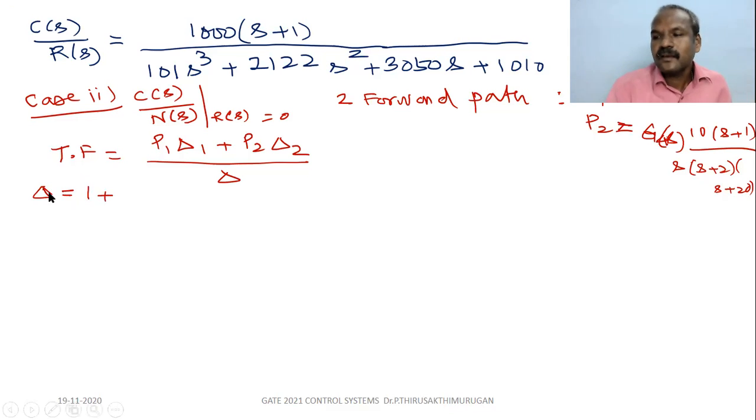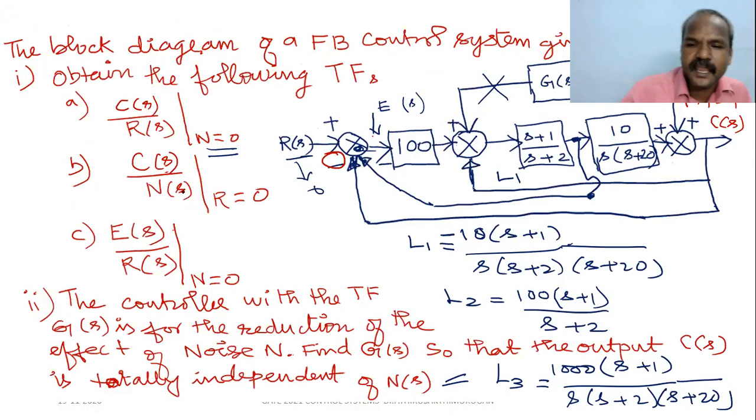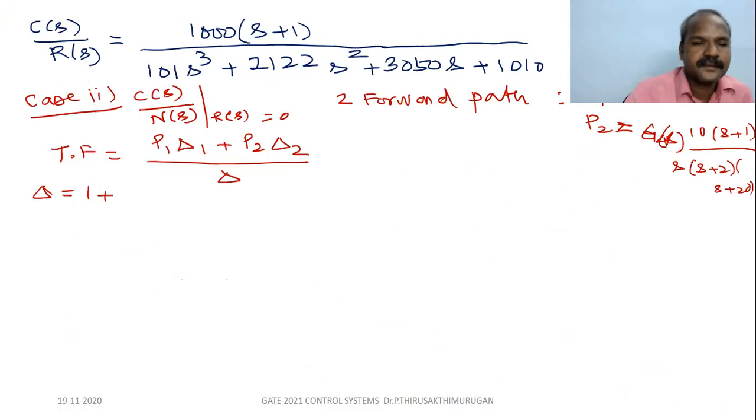Here there are three individual loops, right? The first individual loop is L1, L2 is again this one, and L3 is this. Because R of S is 0, all three loops are here.